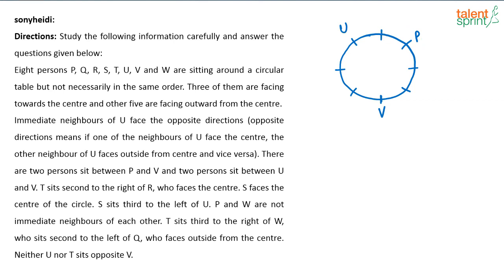There are basically 2 possibilities. Either this can be U and this can be P, or it will be like this. This is V and this is P and this is U. So there are 2 possibilities here, okay?